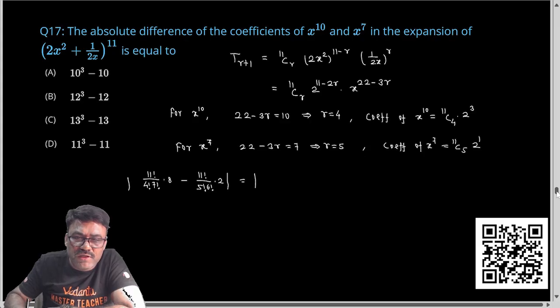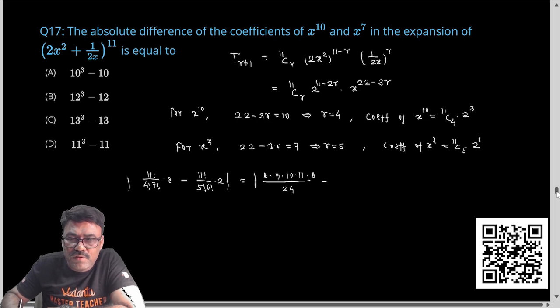So up to 7 cancel. 8, 9, 10, 11, and one more 8 here. And 4 factorial is 24. Up to 6 cancel here. So 7, 8, 9, 10, 11, and one more 2 also, divided by 5 factorial, 120.